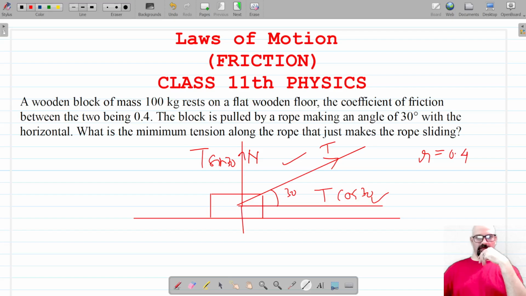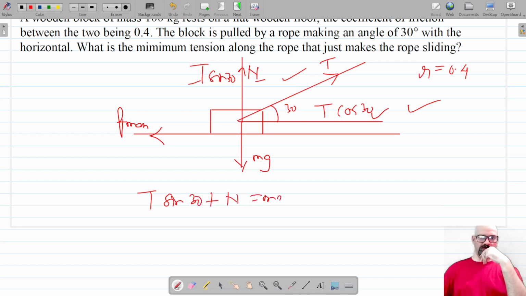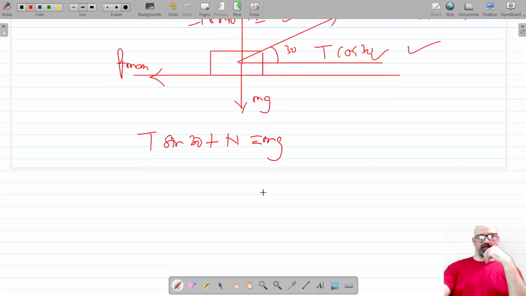The weight is acting vertically downwards. This is mg. This is the force of friction in this direction because the block is being pulled in this direction. So of these two components, T sin 30 degrees plus the normal reaction N is being balanced by the weight mg.